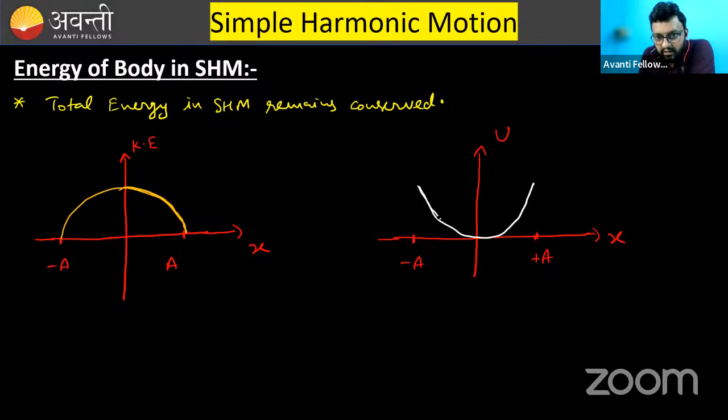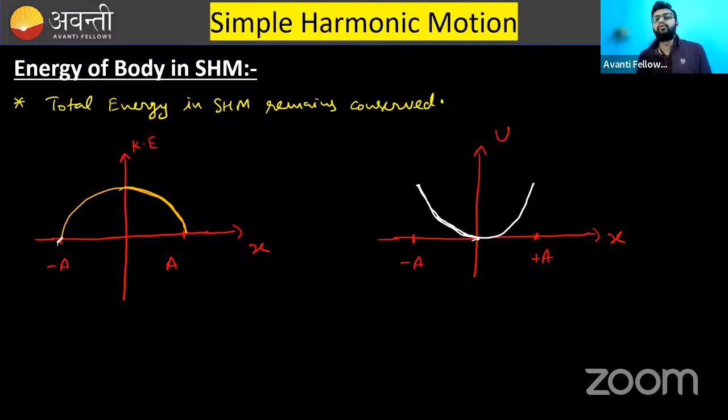Again, this is a parabolic curve which shows when kinetic energy is minimum, the potential energy is maximum. And when kinetic energy is maximum, the potential energy is minimum. Is it clear?